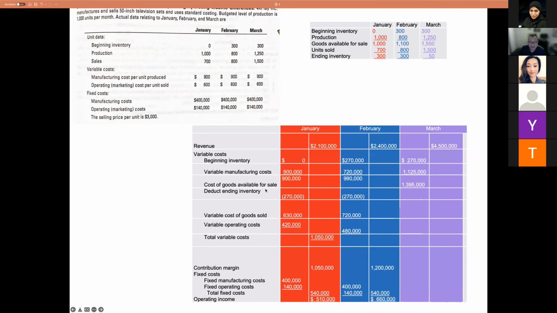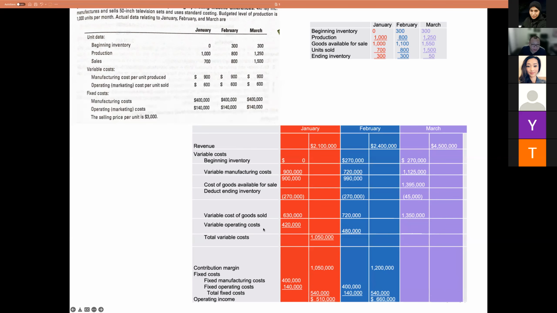And then what's your ending inventory? There are 50 units left, and each unit manufacturing cost is 900. So 50 times 900 is 45,000. So the variable cost of goods sold will be this difference, 1.35 million.